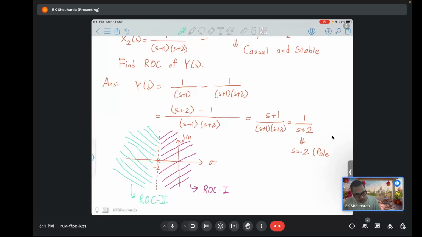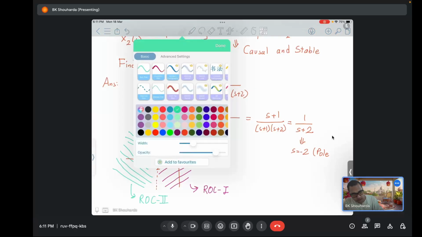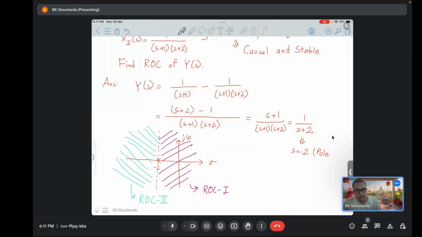Now what do we want? We want a causal as well as stable system. So what does causality imply? Causal means that the ROC is right sided.